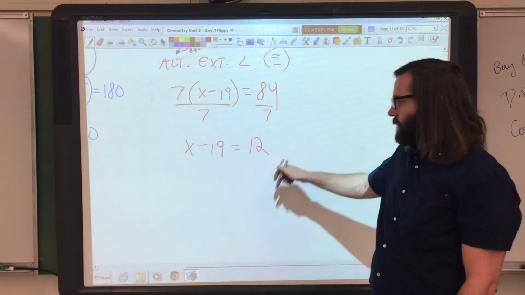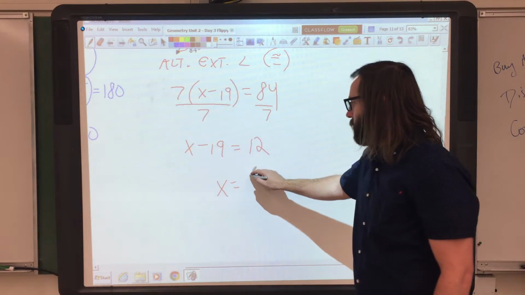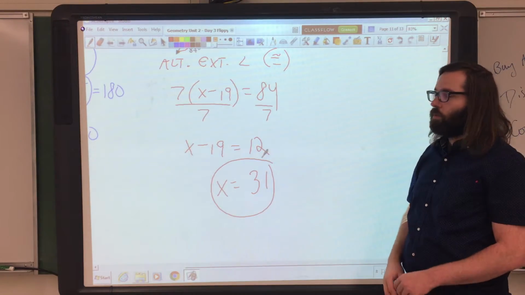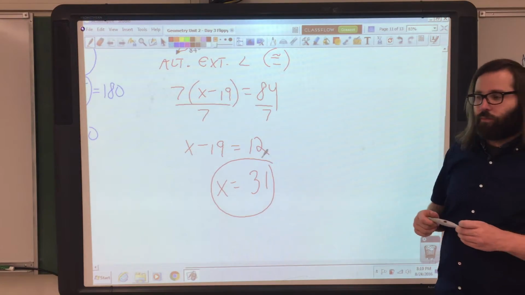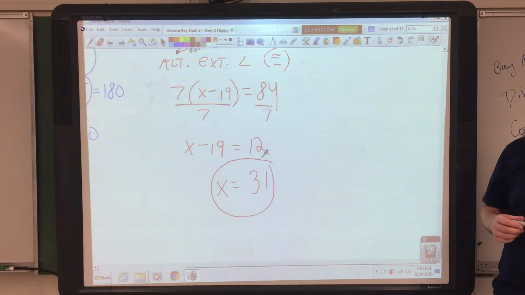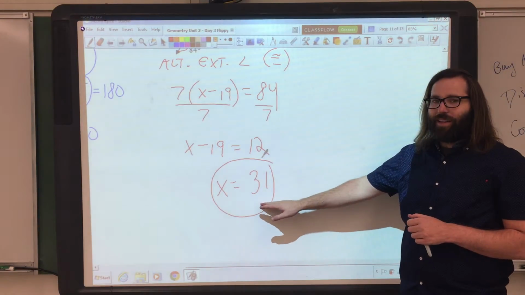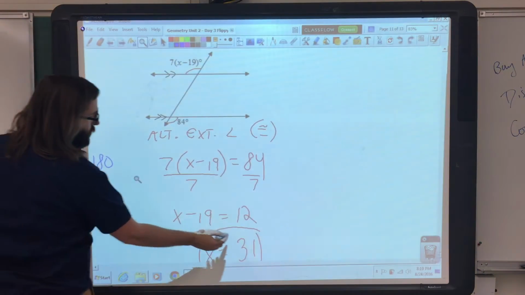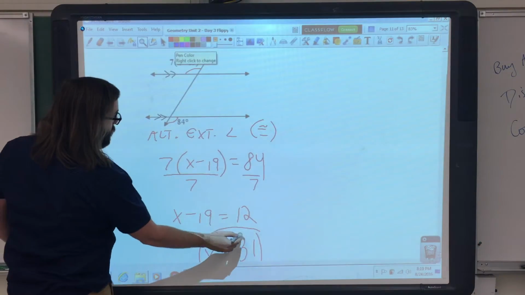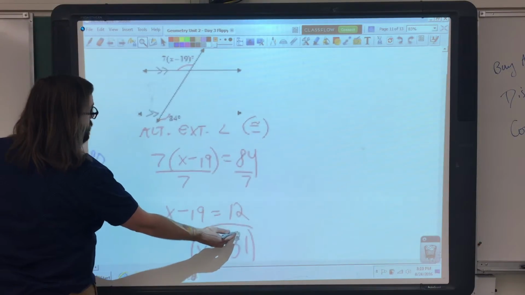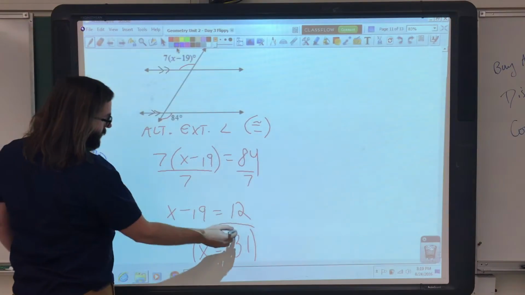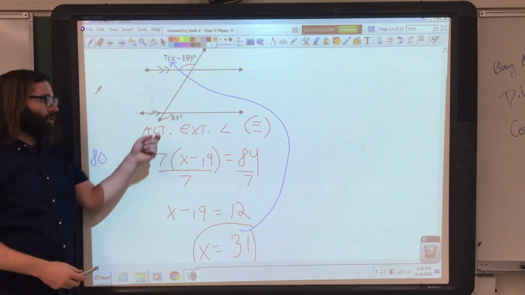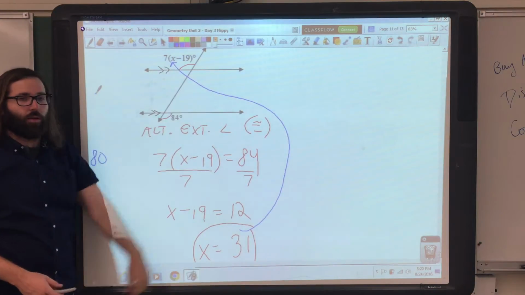So to solve for x, you add 19. x is equal to 31. So if I ask you to find the actual angles, you would take 31 and plug it right there, or you could just know that they're equal, so it should be 84 total.